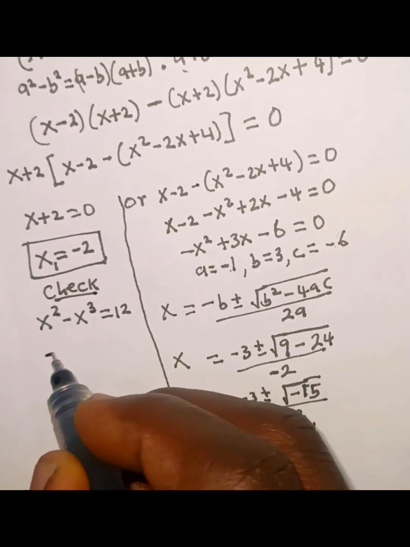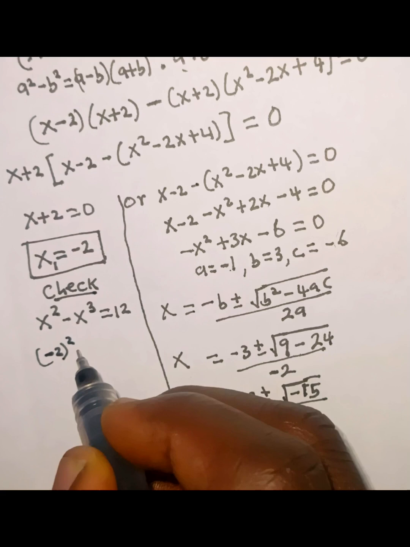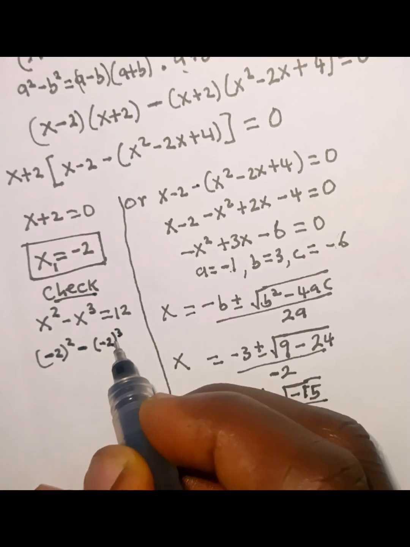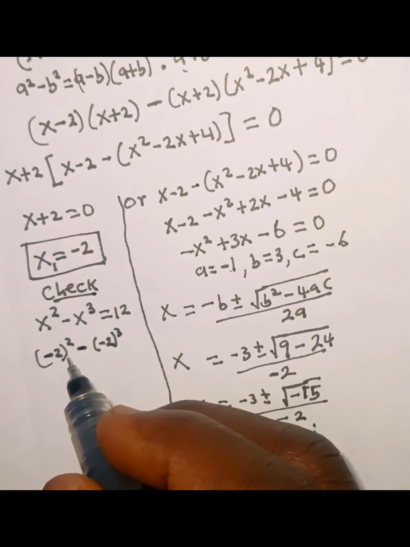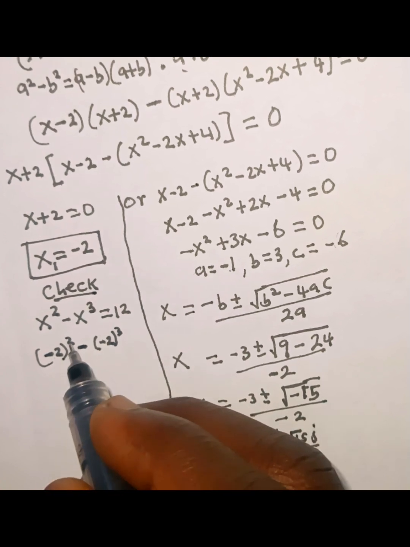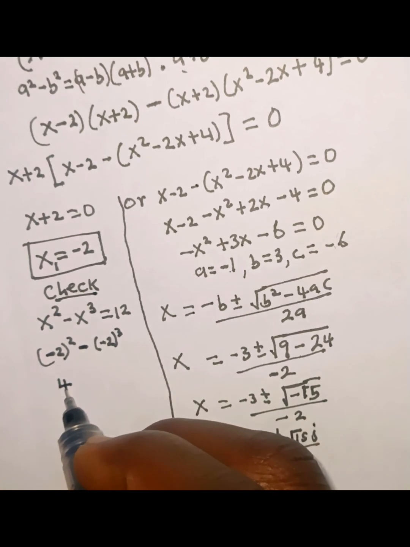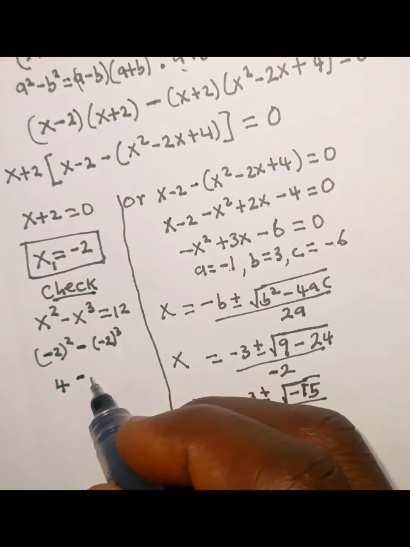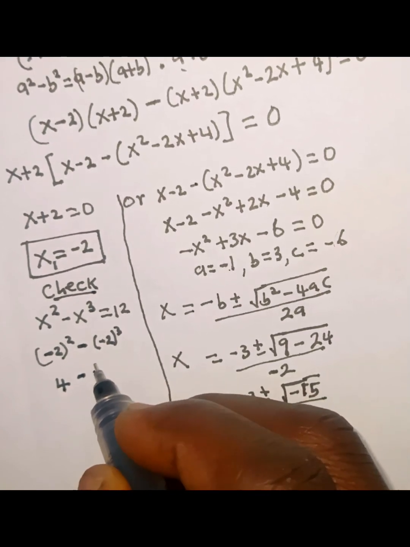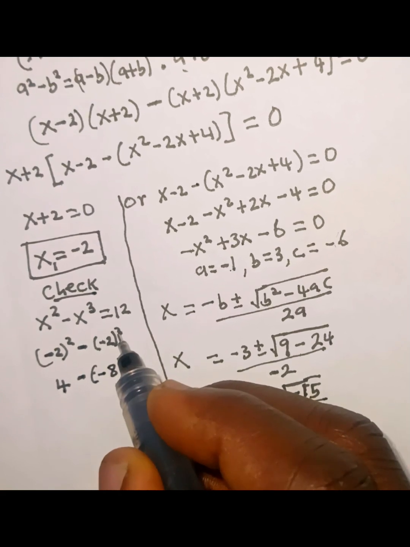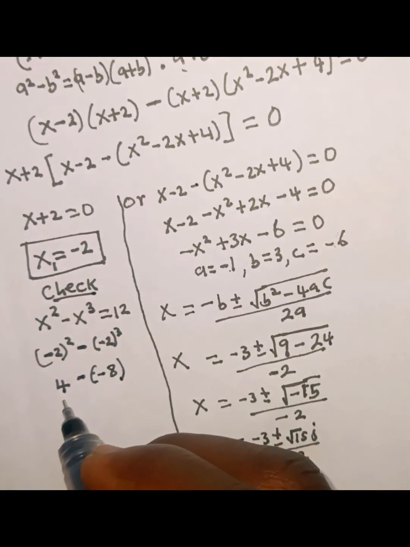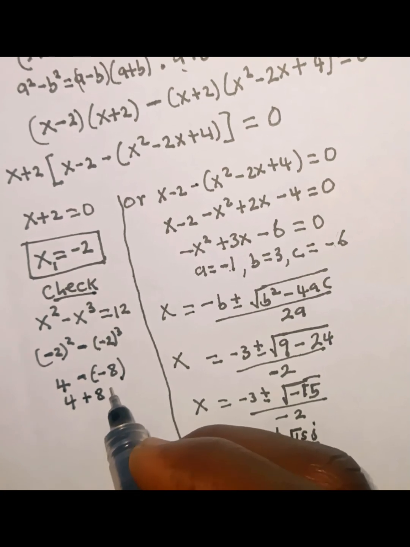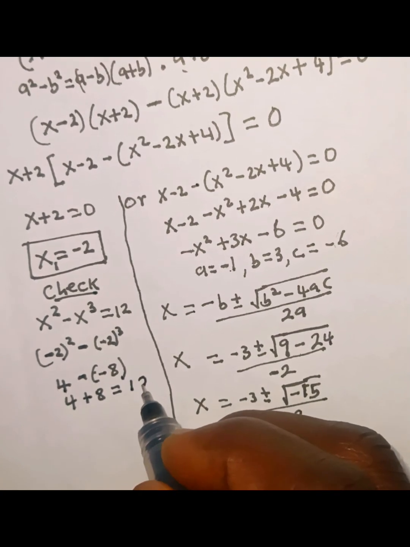So here we have -2 raised to power 2 minus then -2 raised to the power of 3. Now let's see if this is going to give us 12. -2 raised to the power of 2 is going to give us 4. Then minus -2 raised to the power of 3 is going to give us -8, because this is an odd number. So therefore, we have 4, negative multiplied by negative is going to give us +8, and 4 plus 8 is going to give us 12.